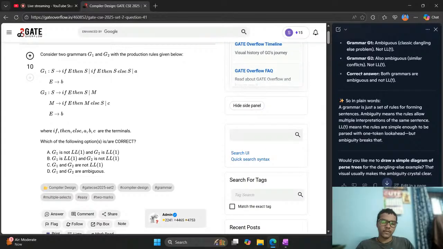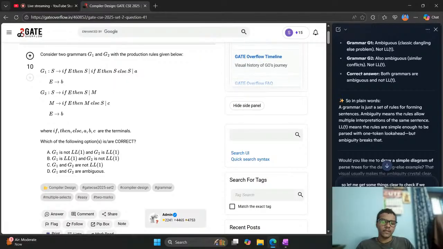Ambiguous is like you can't exactly determine which rule applies. The else can belong to the inner if E then S, or to the outer one. So that's the dangling else, kind of like a dangling pointer.